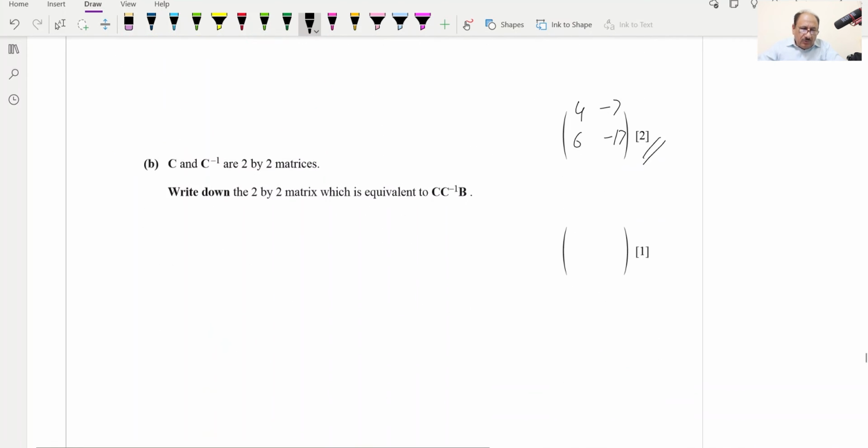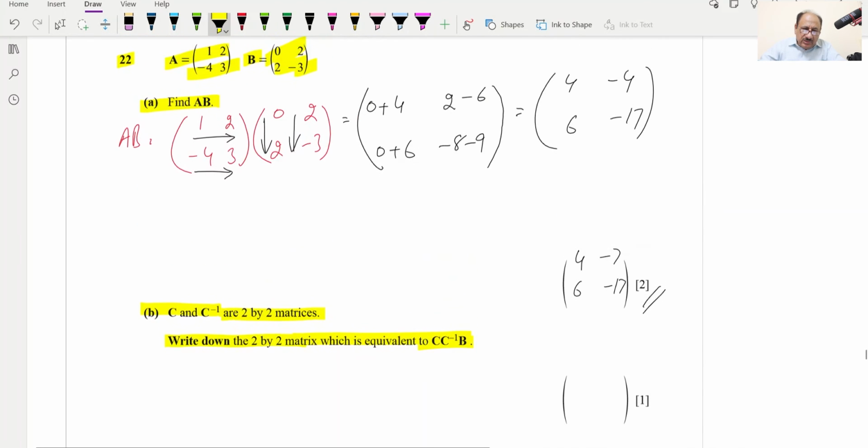We are done. Now they are saying C and C inverse are 2 by 2 matrices. So order is 2 by 2. So write down the 2 by 2 matrix which is equivalent to this one. Now B is provided over here, and we can write B is equal to 0, 2 and 2 and minus 3. I'm writing this one for your explanation.